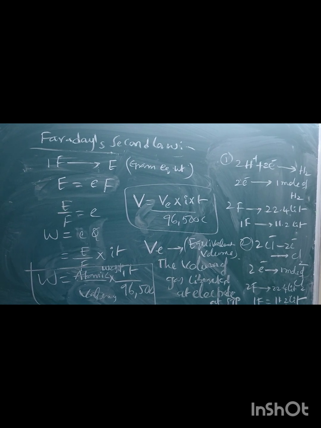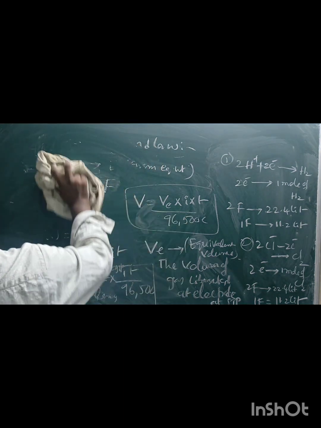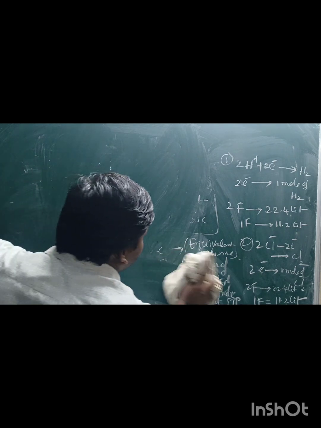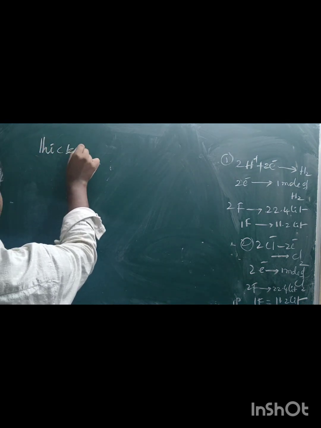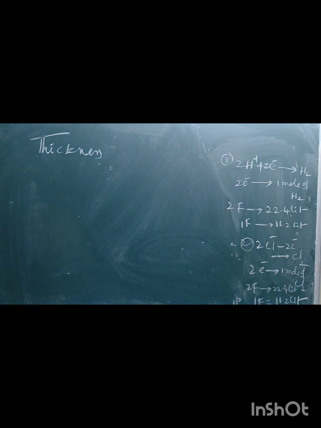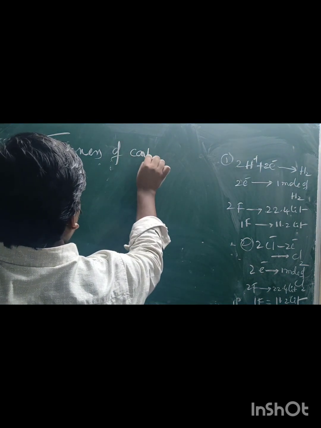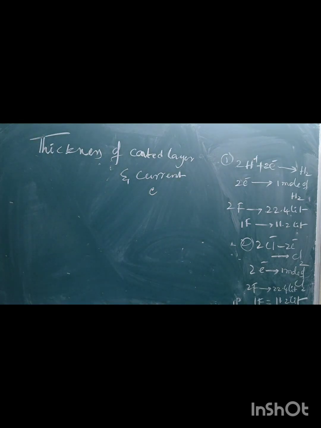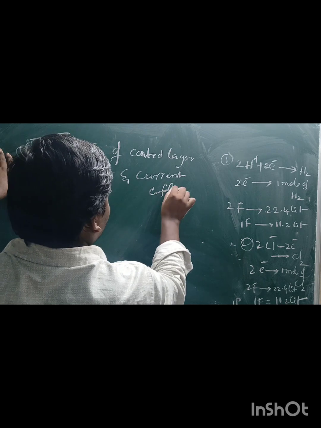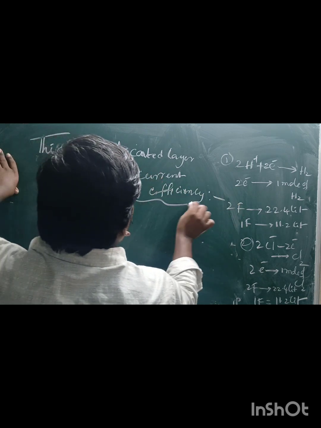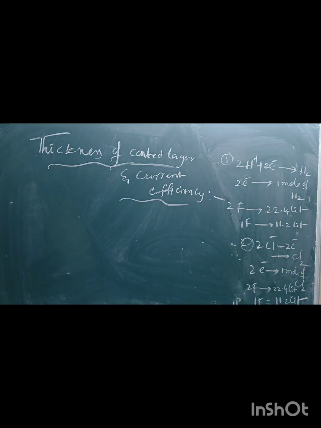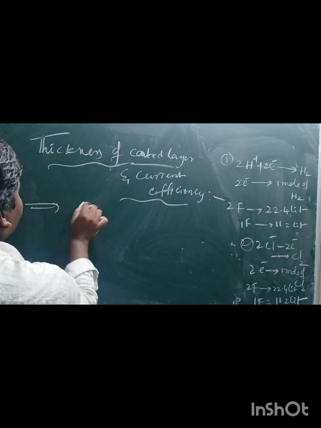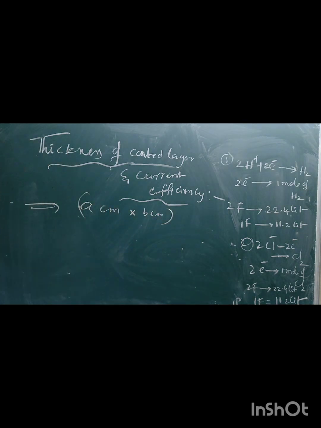Next, thickness of coated layer and current efficiency. Thickness of coating: you can observe here, let the dimensions of the metal sheet to be coated be A centimeter, B centimeter.